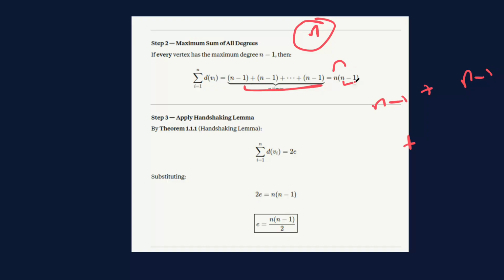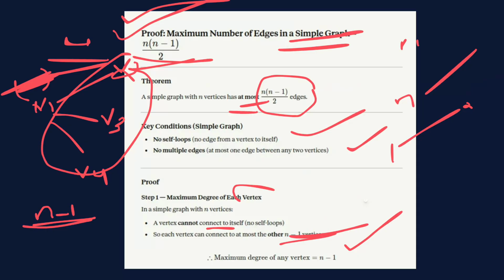For each vertex the maximum degree is n minus 1, so for n vertices it would be n into n minus 1. And we know by the handshaking lemma, the sum of the degrees is 2 times the number of edges. So we can substitute here 2e equal to n into n minus 1. So edges would be what? N into n minus 1 by 2. Okay, so this is how we are applying the handshaking lemma here.